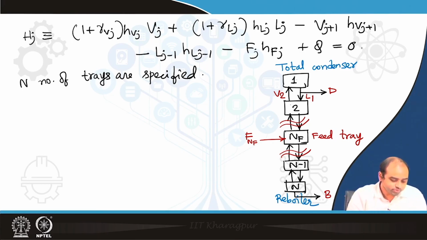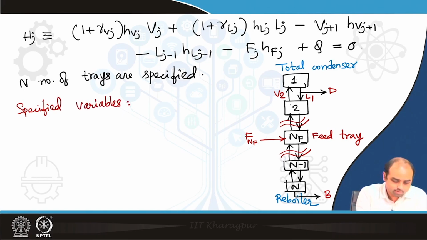From here, the specified variables for this case are of course the number of stages, which is known. Then you have Fj, Zij, Tfj, and Pfj.